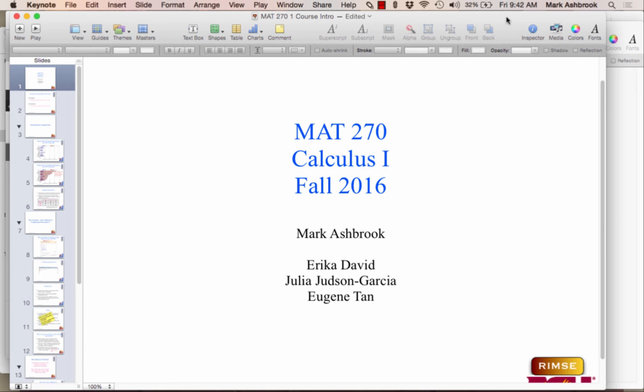Eugene is Monday. So if you have a Monday recitation, you're with Eugene, and that means you're here in the lower right section. If you're in a Wednesday recitation section, you have Erica, and you will sit in the lower left section. And if you are in the Friday recitation, there's one, you're with Julia, and we'll put you guys across the back, okay, across the back.